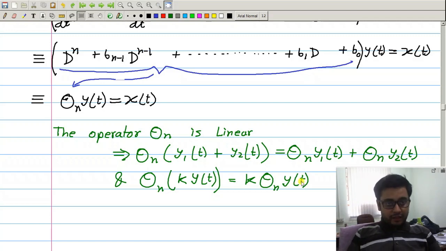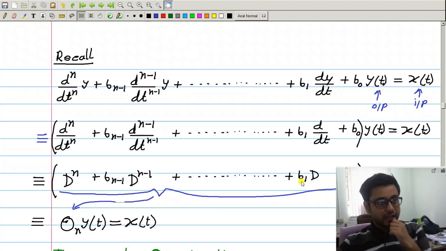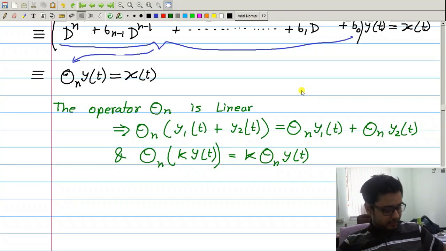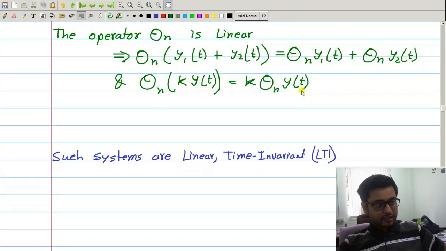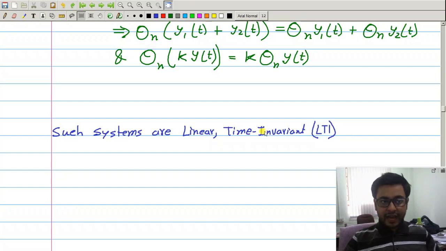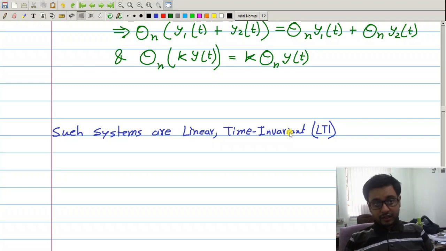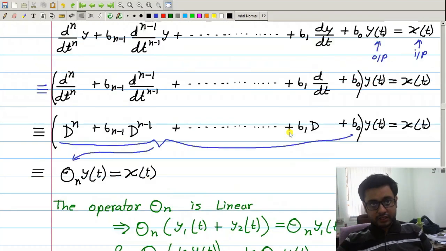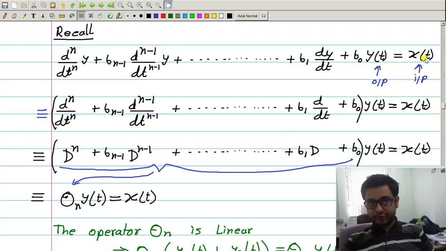That's good. Now yesterday we have also learned that this kind of systems is linear and time invariant. Now suppose this input is given and we want to find the output.